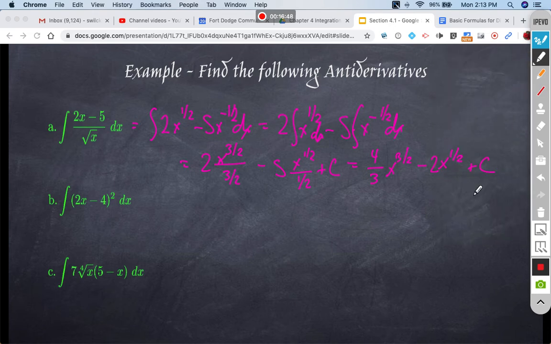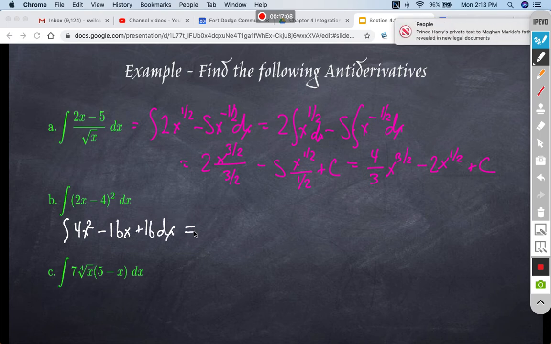There's a lot of stuff on here, so I'll switch colors here. On this one, I would just multiply this out. The integral of 4x squared. 2 times 4 is 8, and we got 2 of those, so that's 16x. Negative 4 times negative 4 is 16 dx.